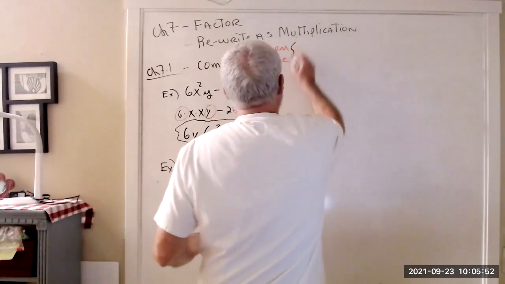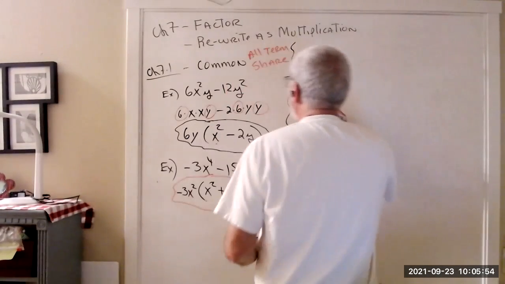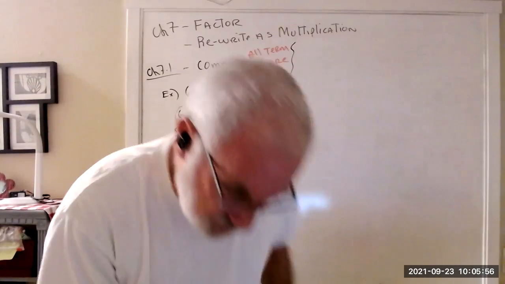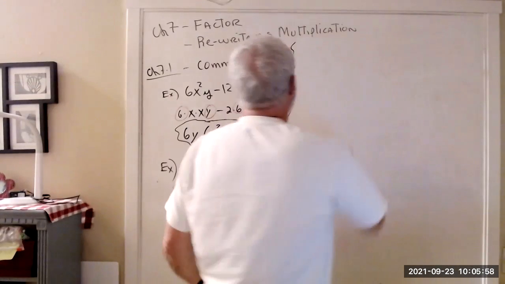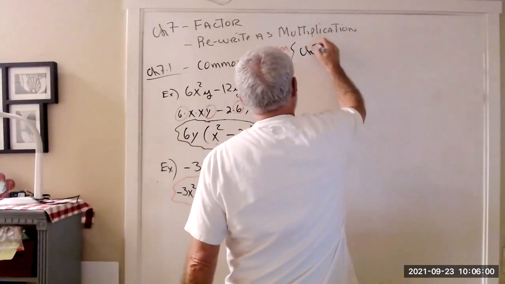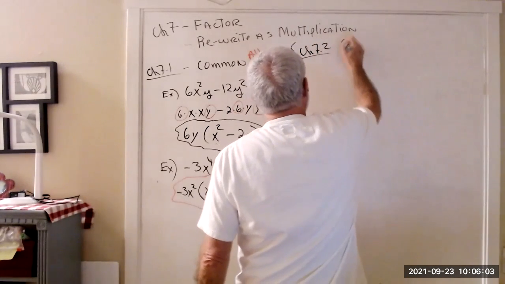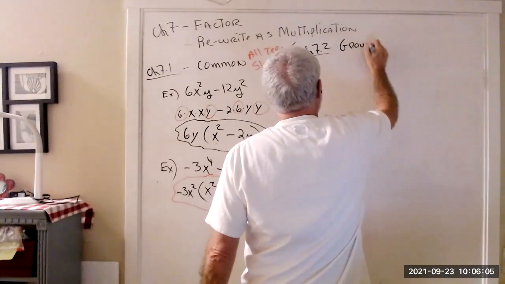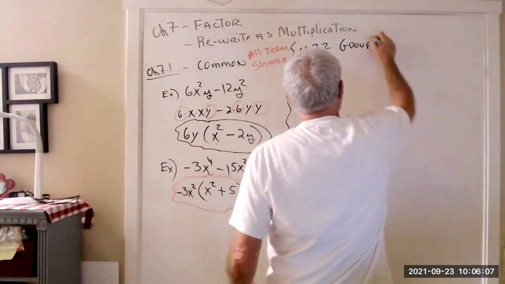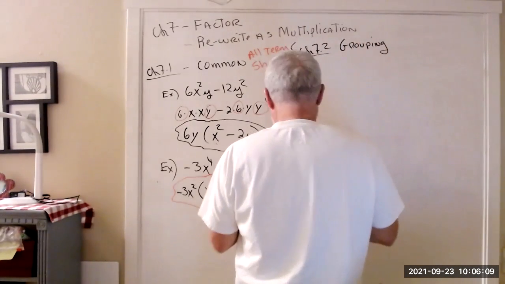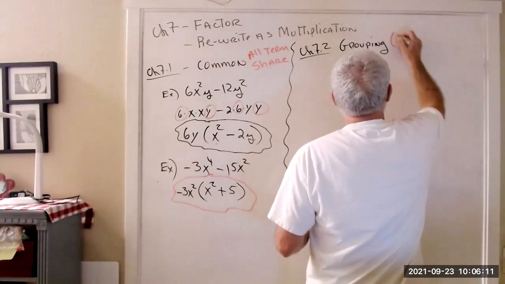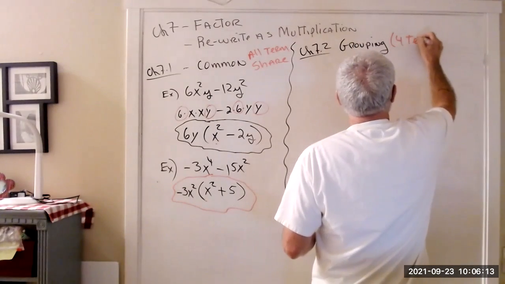The next thing we introduced, I think it was in chapter 7.2, they kind of ran together, is called grouping. And the hint I gave you is grouping always has 4 terms.